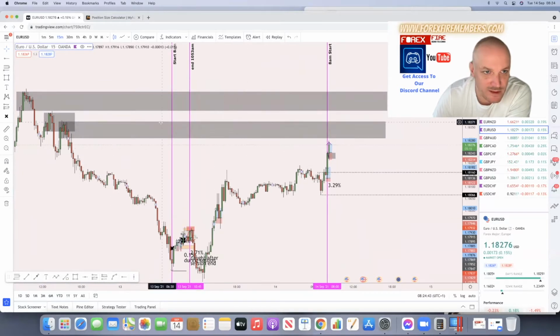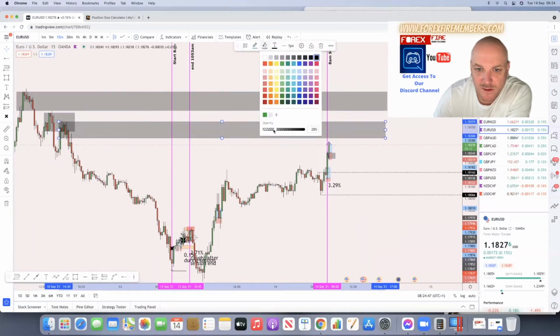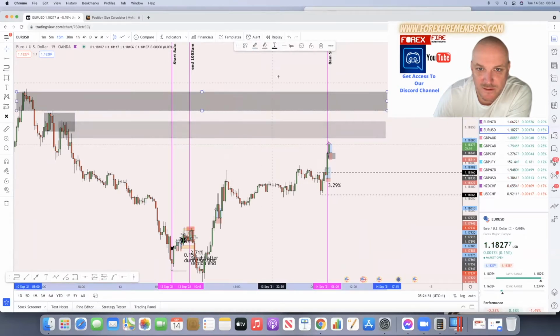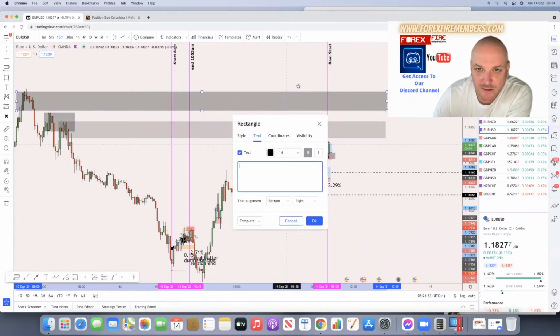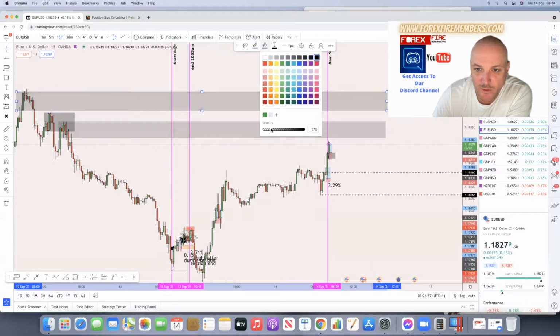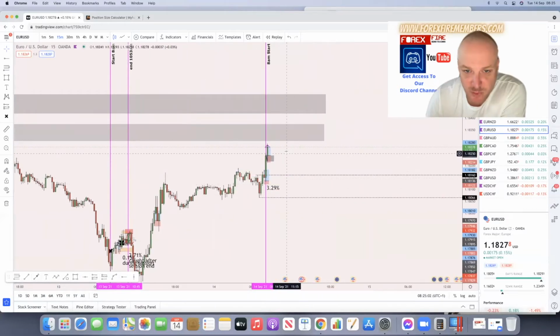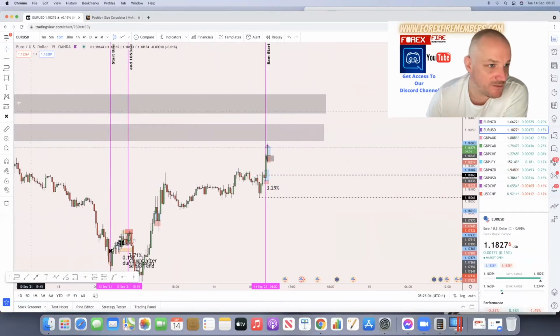So what we'll do is let's give that a faint. So these are two areas this morning where I believe price may push into before we get a reversal.